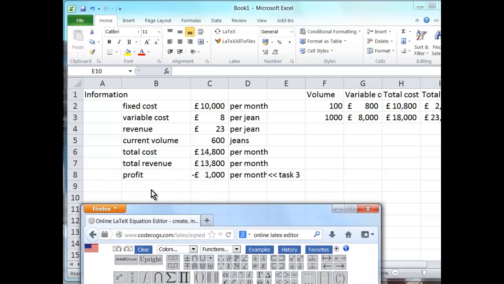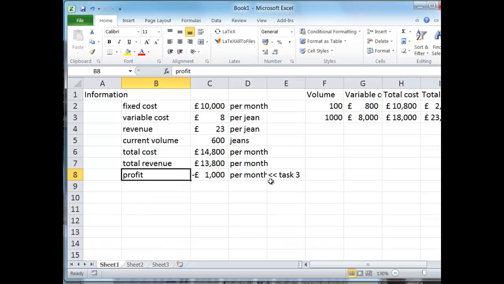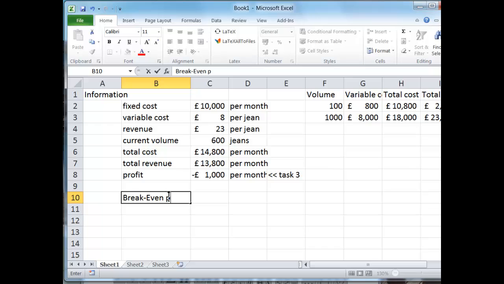The break-even point. What is the break-even point? The break-even point is when, well, several things. Profit is 0. When does that happen?